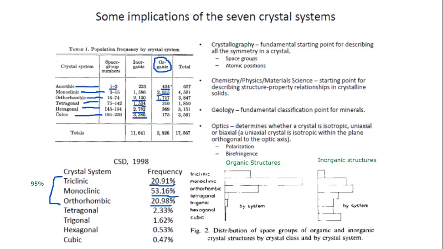But for organic structures, it's more skewed to the lower symmetry crystal systems: triclinic, monoclinic, orthorhombic. The majority of organic structures are going to crystallize in monoclinic. And even there, we can narrow it down even further to about 5 space groups that about 85% of crystals crystallize in. So it's a very select few of heavily used space groups.